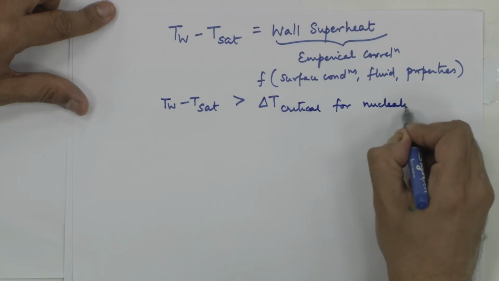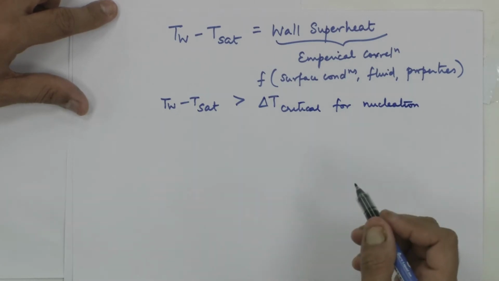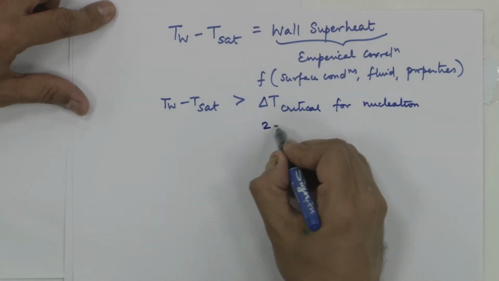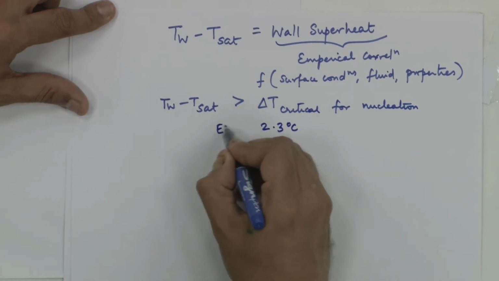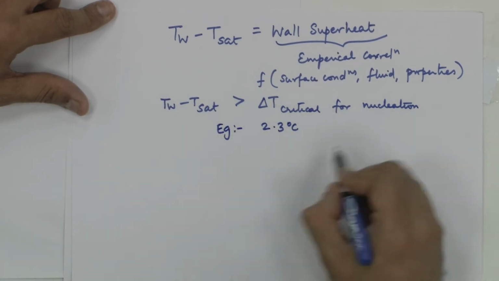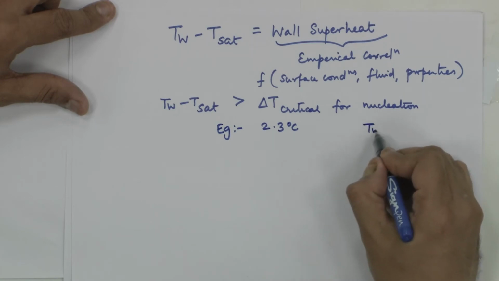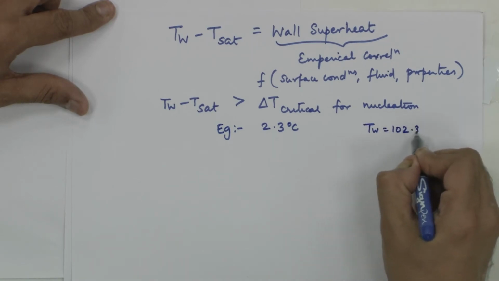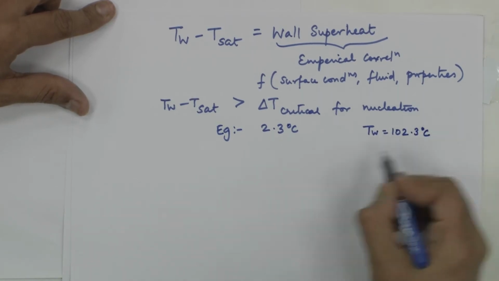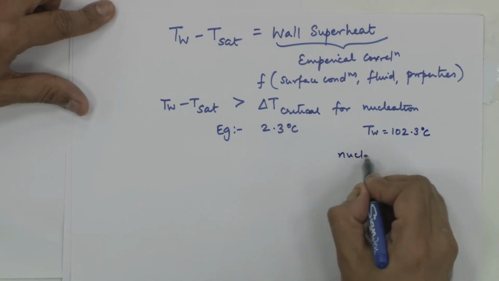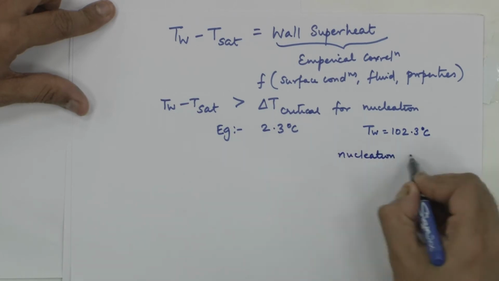Once this is achieved, say for example this comes to be 2.3 degrees centigrade, that means for this fluid surface combination, when T wall equals 102.3 degrees centigrade, then nucleation would first begin.